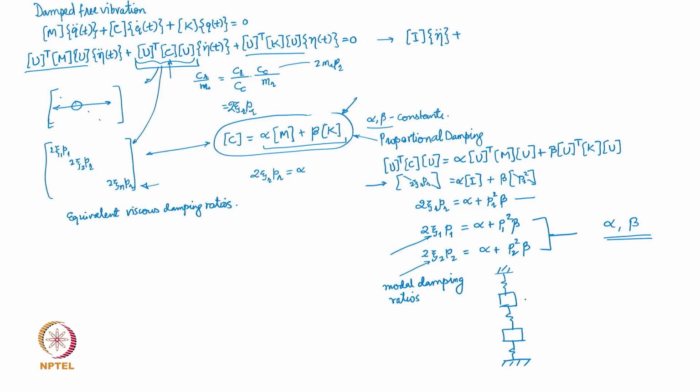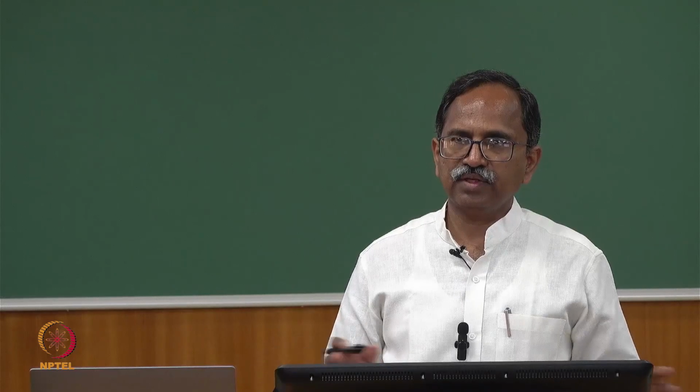I can excite this system in an appropriate way so that the eigenvectors are satisfied. I mean the initial displacement should satisfy the first eigenvector's relative amplitude ratios, and then release it. Then this whole system is going to vibrate in the first mode, and if I measure the damping associated with it, I will get the modal damping ratio there.